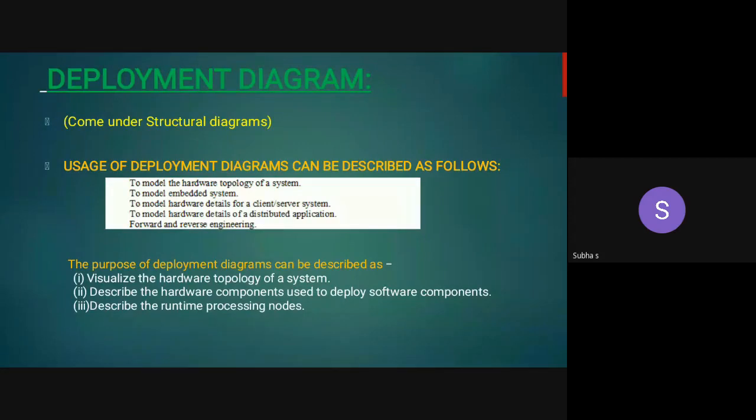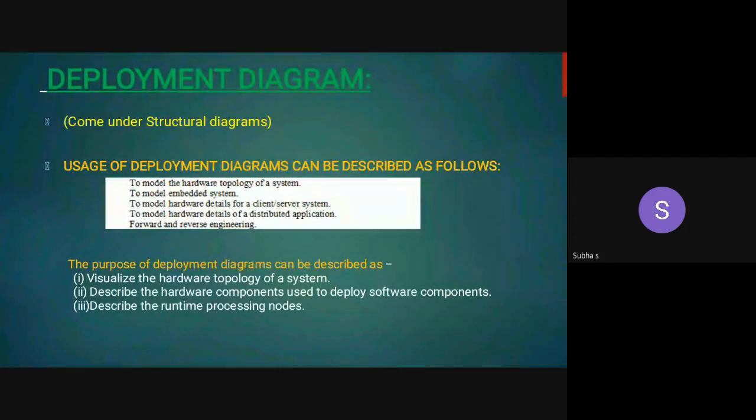Listen, again I can tell you, in the PPT also I put the key sentences in color along with some nice point representation, because they will ask what the usages are, what the necessity is, what the purpose of using the deployment diagram is, according to the reasoning or thinking questions asked in the exam.